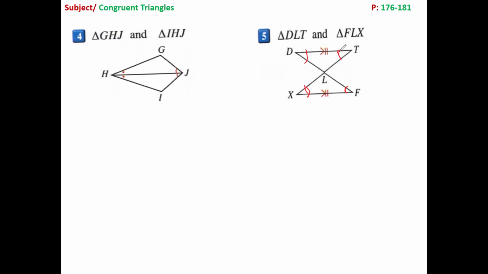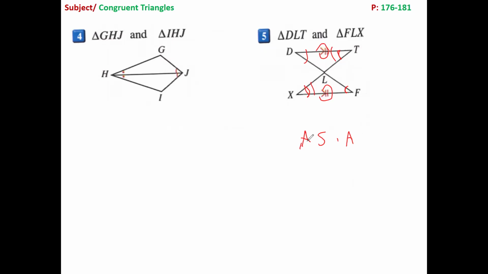That means this side equals this side, this one equals this one. I already know this one equals this one. So angle X and angle T are congruent. Angle F and angle D are congruent. Then FX is congruent to TD. So that means this one also will be angle, side, angle, which is also easy.